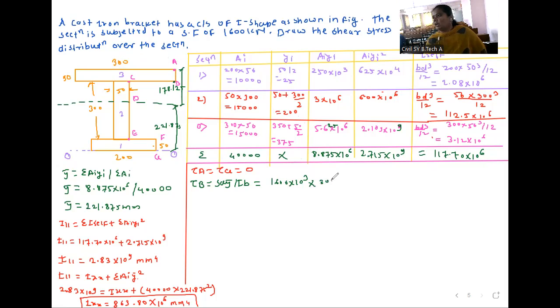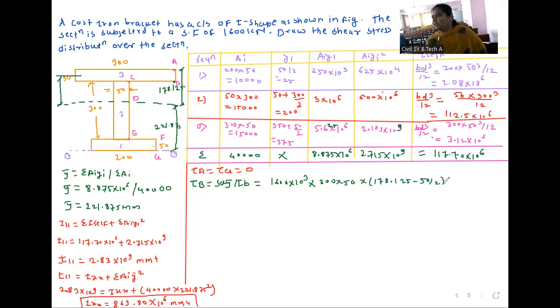Now you have to focus on this CG, that is, from this to this distance. How will you get it? From the neutral axis to top, distance is 178.125 minus 50 by 2.